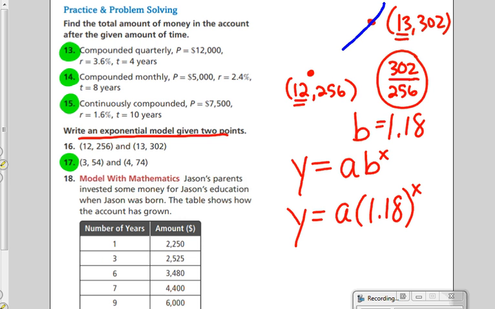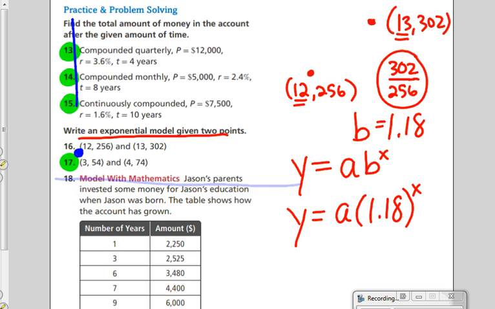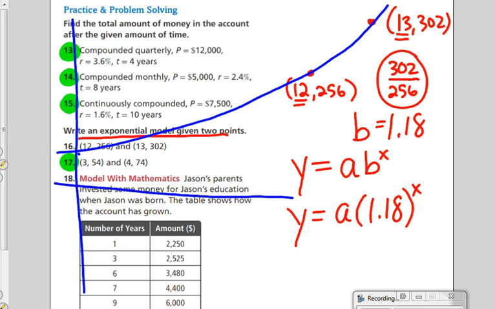Well, a is the y value way back when what? Yes, it's the y-intercept. So if we think about it, things are starting to disappear here. If we think about my graph, a would be the y value how many x's ago? 12.